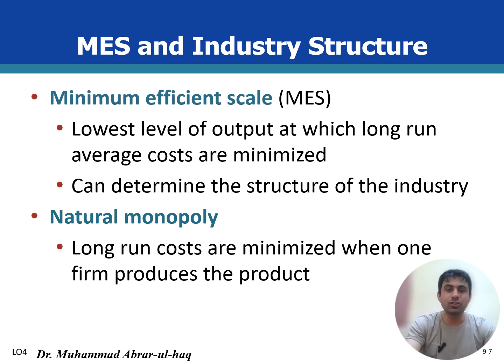This situation arises because in industries where economies of scale are substantial and continuous, the cost continues to decrease as the production scale increases. Therefore, in natural monopoly scenarios, the long run costs are minimized when a single firm serves the entire market demand.